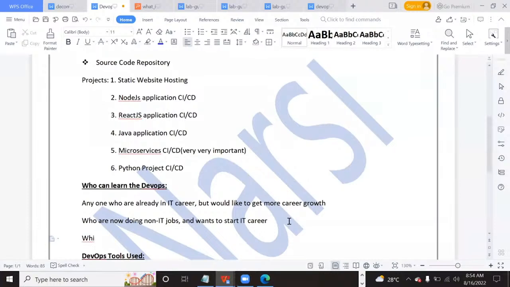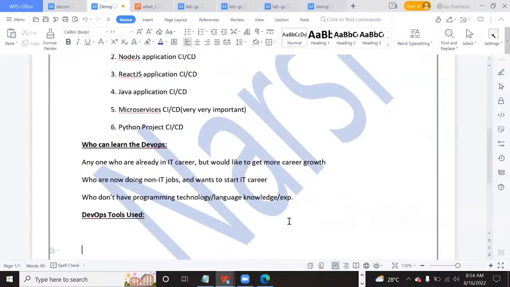And those who don't have programming knowledge or skill, in a language like Java or Python, or any experience, can also take this course.